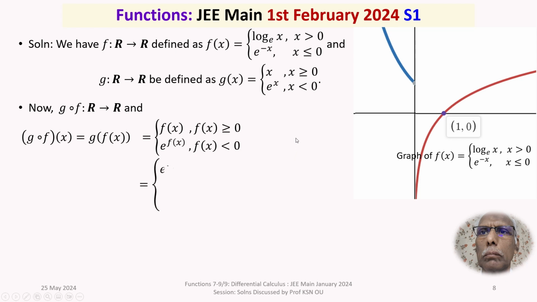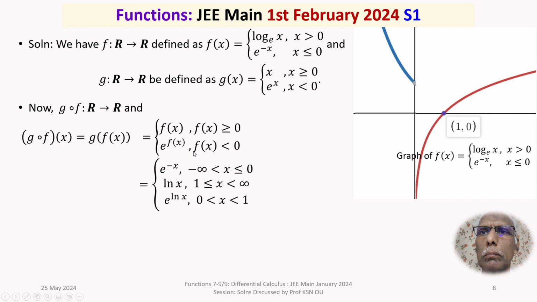So we will try to discuss very carefully where f(x) is greater than or equal to 0. First of all, it is e power minus x, and the domain for that is minus infinity to 0, included.